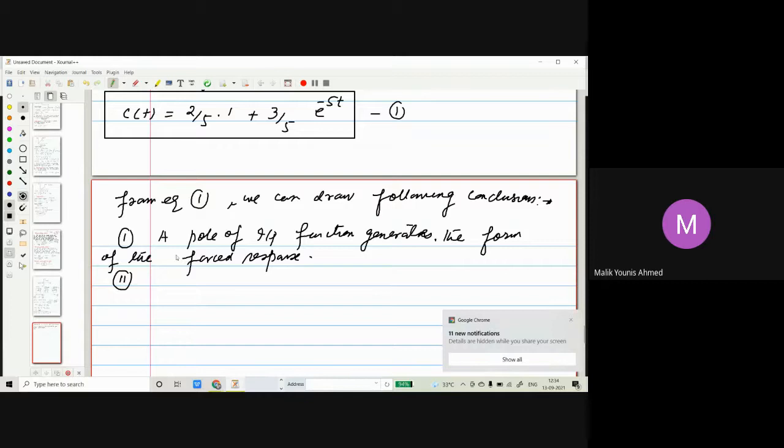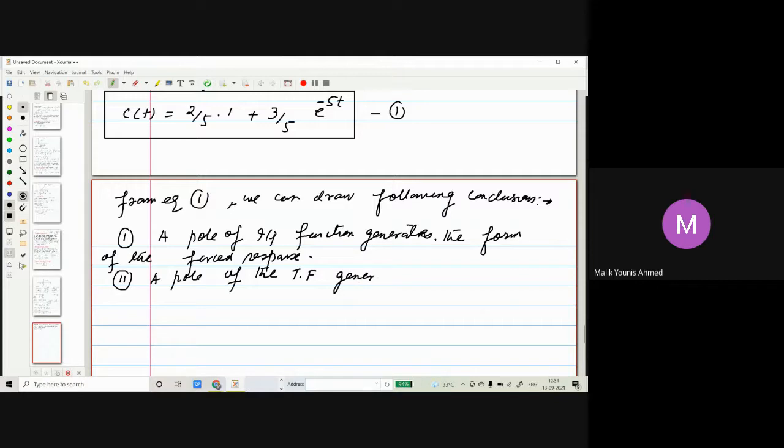Second: the pole of the transfer function generates the form of the natural response. That is, the pole at minus 5 generates e raised power minus 5t.